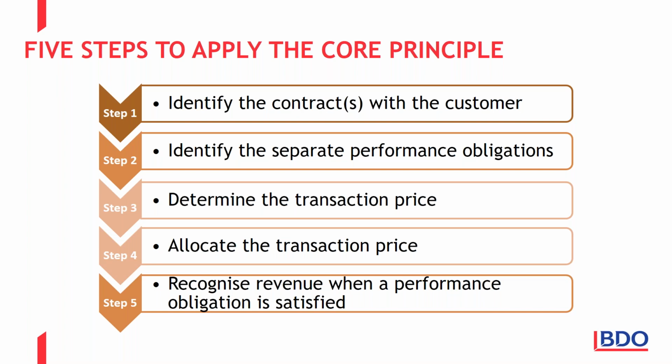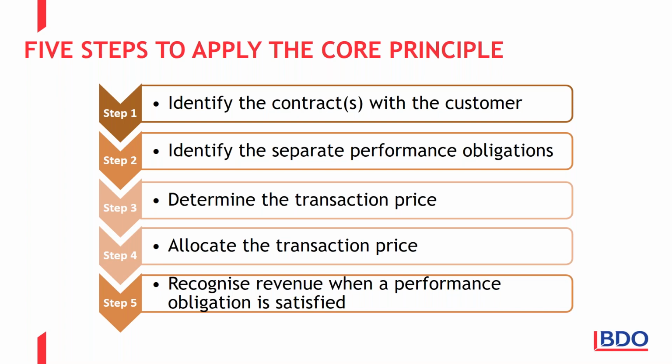And that performance obligation could be satisfied at a point in time, or it could be satisfied over time. The general principle is that we satisfy a performance obligation at a point in time.